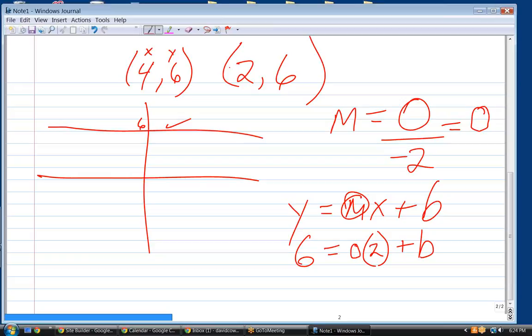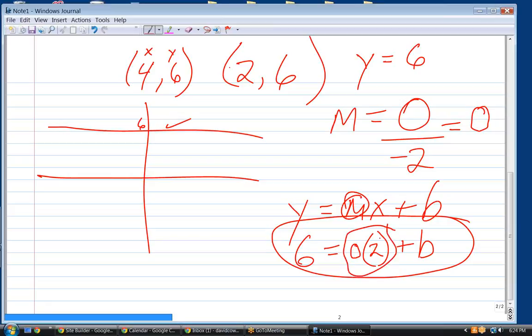What's the y-intercept? 6. Okay. What's b? 6. What's my equation? y equals 0x plus 6. Anything multiplied by 0 is always 0, so it doesn't matter what x is, this is going to disappear. So y equals 6 is the equation. In other words, there is no x.